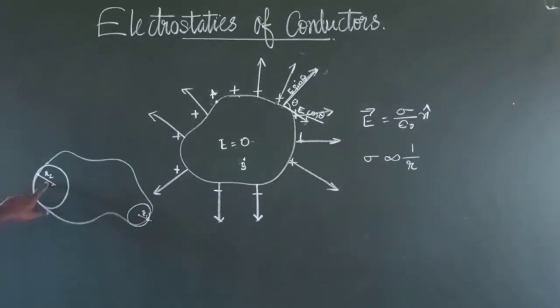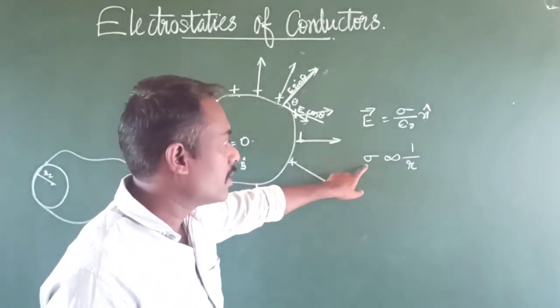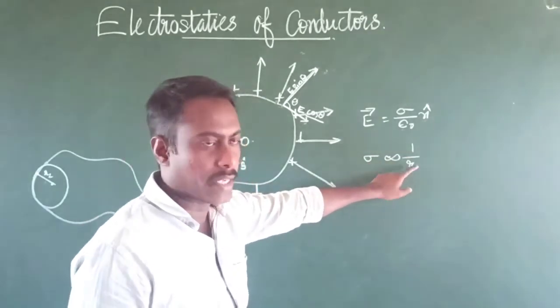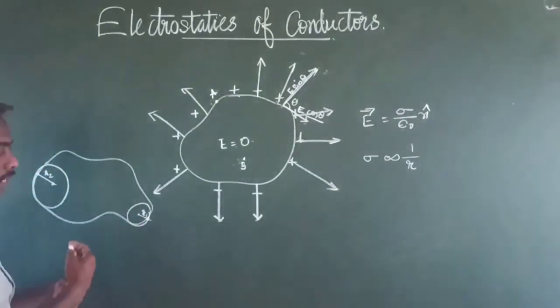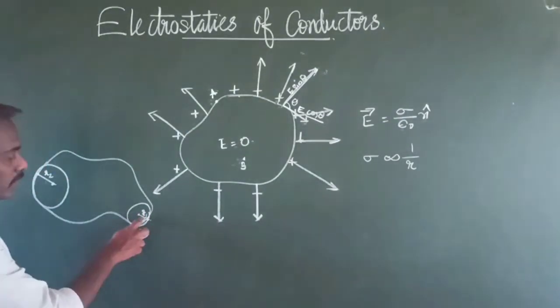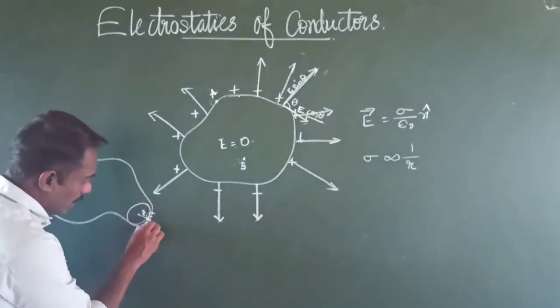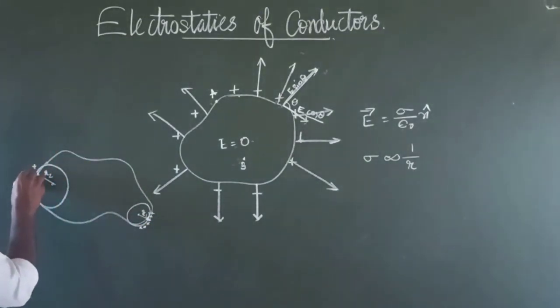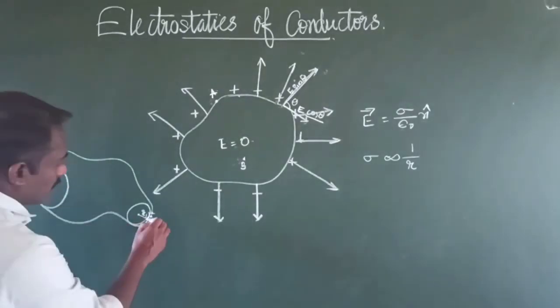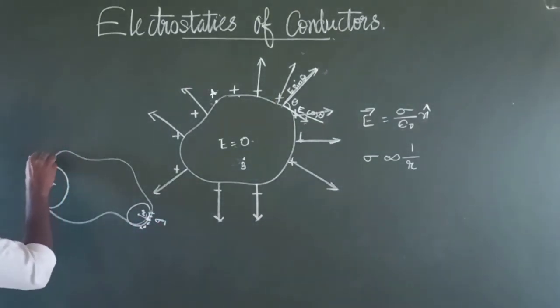As per the equation, the surface charge density sigma is proportional to 1 by R. That means the surface charge density is large when the radius of curvature is less. That means here at this point, the charges are accumulated. But when we consider this case, the charges are spread apart. So if the charge density at this point is sigma 1, the charge density at this point is sigma 2.